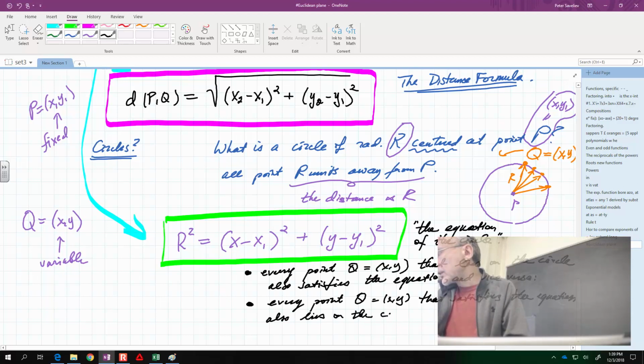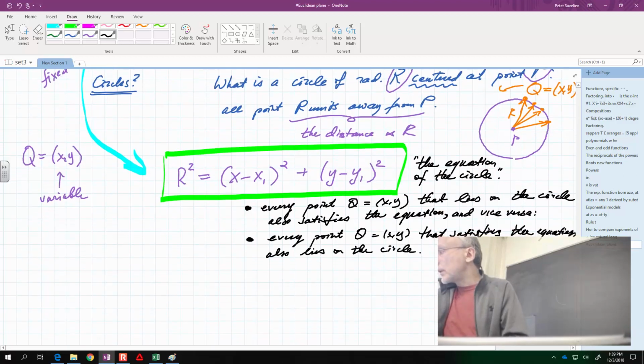That is precisely what we want to have. We don't want a description that captures some of the points but not others, or maybe finds points that are not there. So it's exactly this: all points on the circle are given this way, and conversely every point given by this equation lies on a circle. Let me make a little picture here.